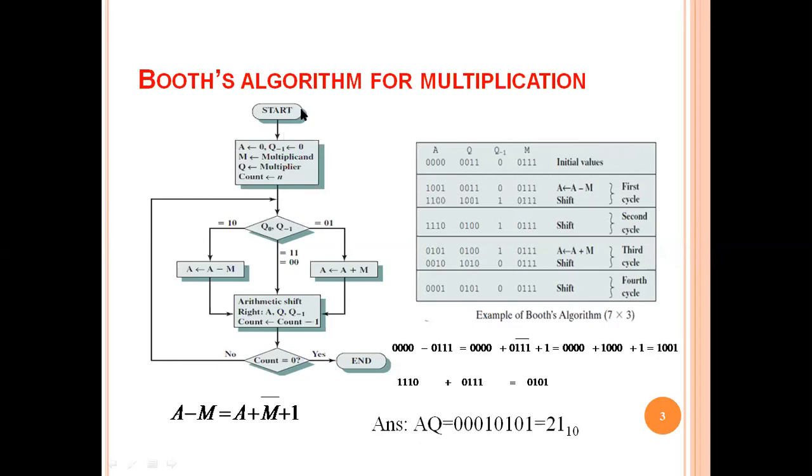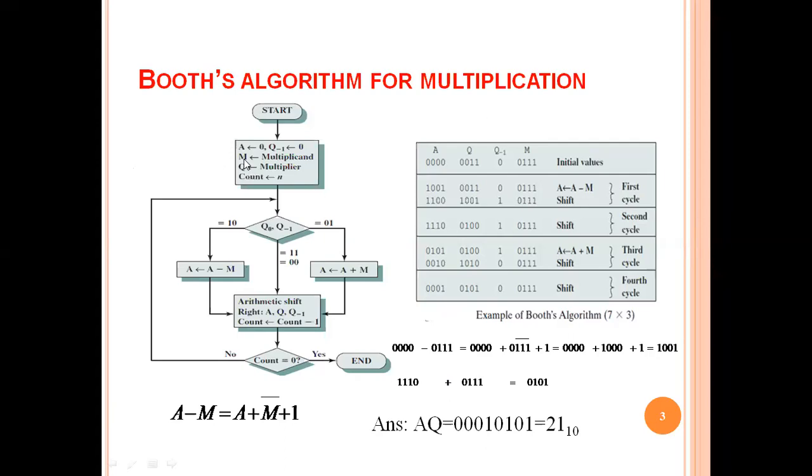First, the algorithm starts here, then here you see it is written A, Q minus 1, where A is a register called the accumulator. I have already told what an accumulator based machine is. So this is the accumulator, a special type of register. Q minus 1 is also a 1 bit register.